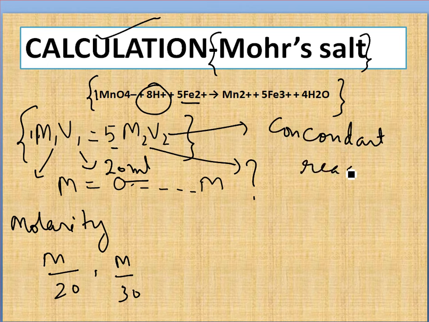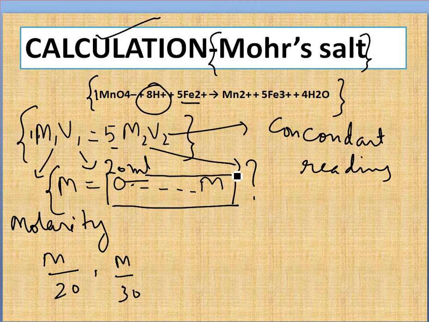You have to put it in, do the calculation and calculate the molarity. Remember, after the dot you should take 4 decimals, and the symbol will be M for molarity. Clear? This is for Mohr's salt.